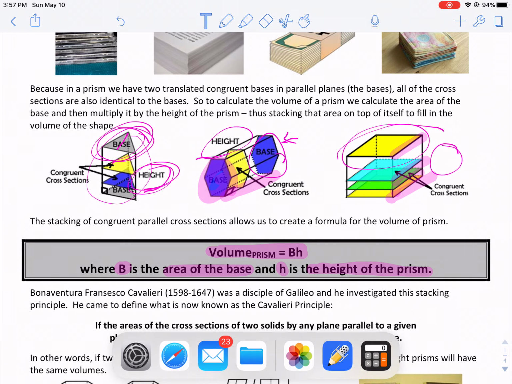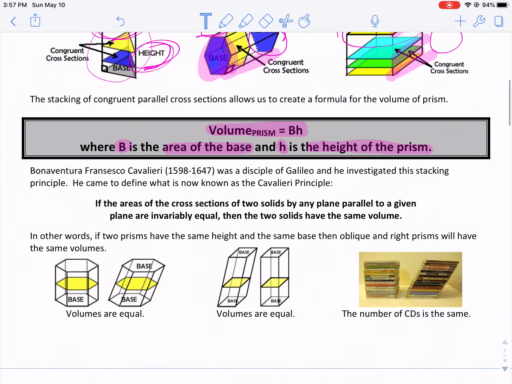A neat little thing that this can show us is that oblique and right prisms, remember, oblique is just when we have this parallelogram-type side, and right is when it's perpendicular, if the bases are the same and their heights are the same, they have the same volume.